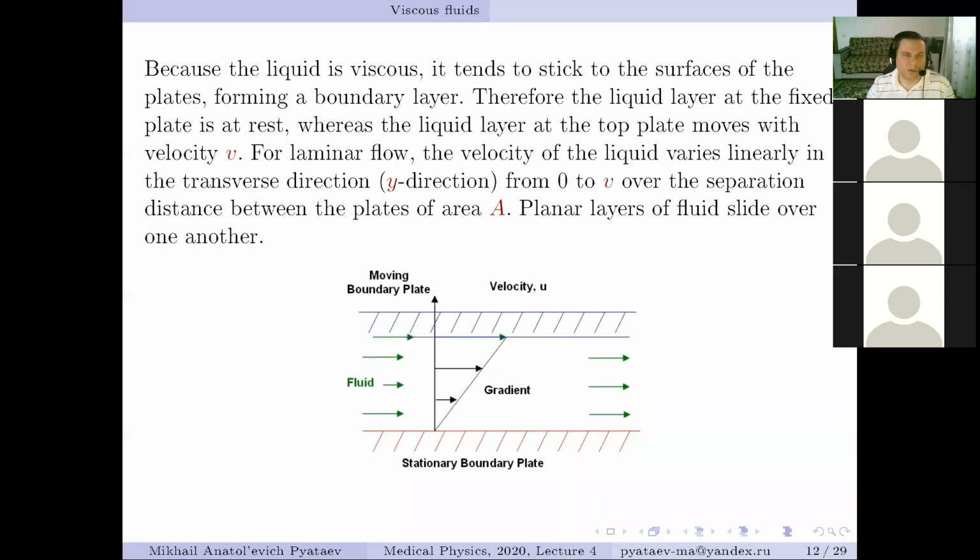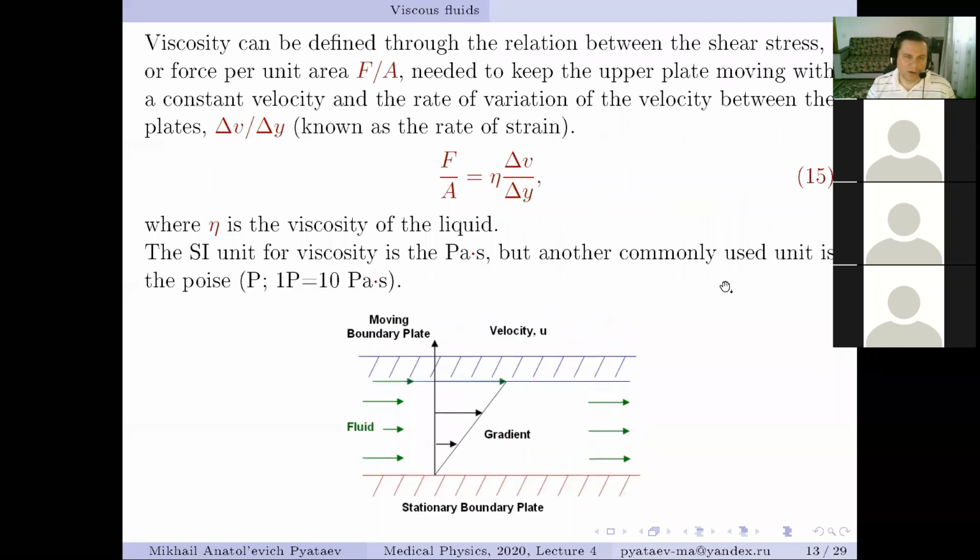Because of viscosity, the liquid tends to stick to the surface of the plate, and for laminar flow the velocity of the liquid varies linearly. So we can now define this force.